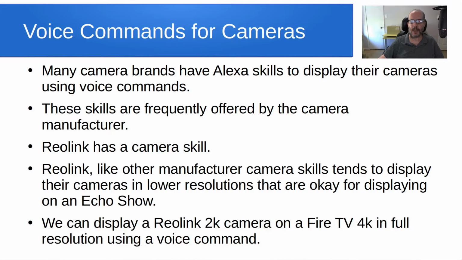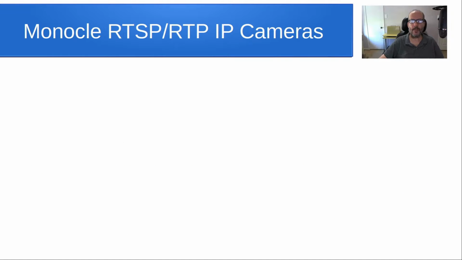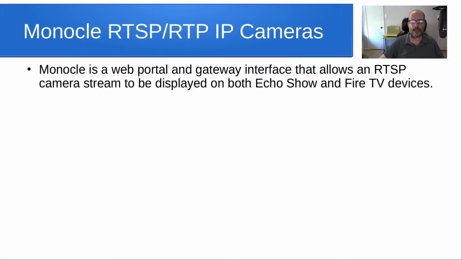So we can display a Reolink 2K camera on a Fire TV 4K in full resolution using a voice command. There is a web portal called Monocle, and Monocle is also a gateway interface that allows an RTSP camera stream to be displayed on both Echo Shows and Fire TV devices of all models.